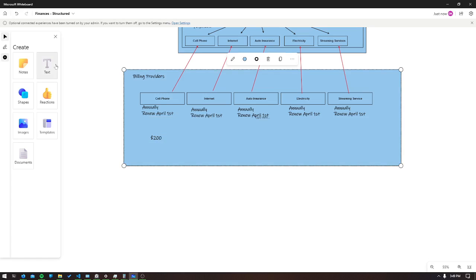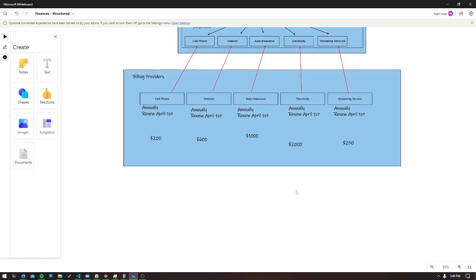For internet, let's say it's $600 a year. Auto insurance, say it's $1,000 a year. And these are just made up numbers, but electricity, $2,000 a year. Streaming service, maybe $250 a year or something like that.